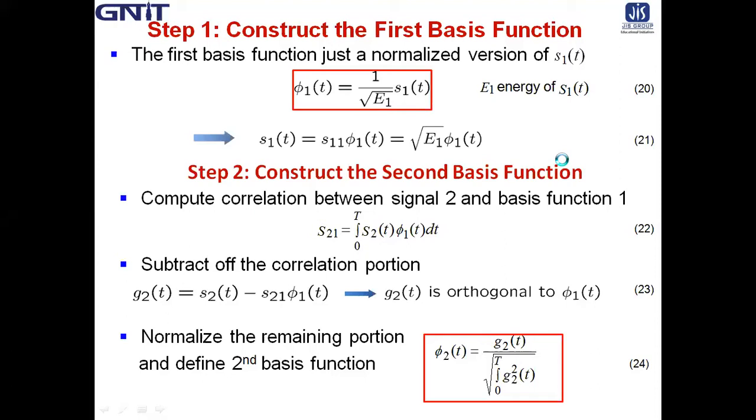Starting with s1(t), chosen arbitrarily from this set, the first basis function is defined as s1(t) divided by root over E1, where E1 is the energy of the signal s1(t).